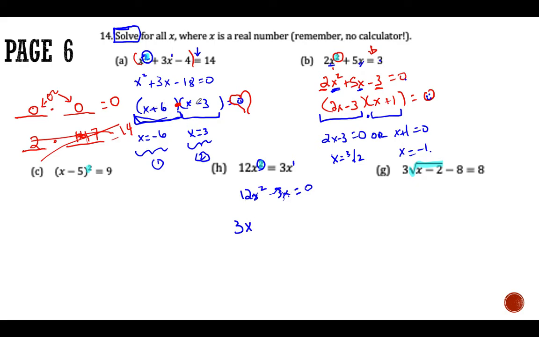Notice I don't use the same thought process because I don't have 3 terms. I only have 2 terms here. So I pulled out the greatest common factor, and I got 4x minus 3 is equal to 0.